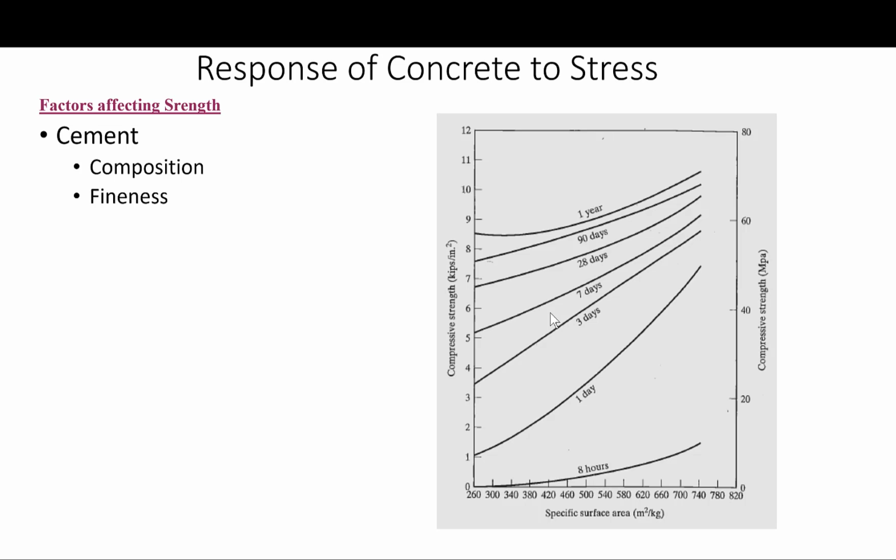And these effects carry through into concrete. So concrete made with higher C3S contents gains strength more rapidly, but may end up with slightly lower strengths at later ages, if you remember when we talked about the types of cements.